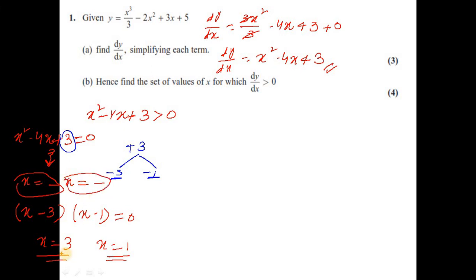Once we have these values, now we need to find the range of values according to the given inequality. There are two different methods to find the range. Because this is a quadratic equation, and we know that the coefficient of x squared is positive, we have a parabola with roots x equal to 1 and x equal to 3.